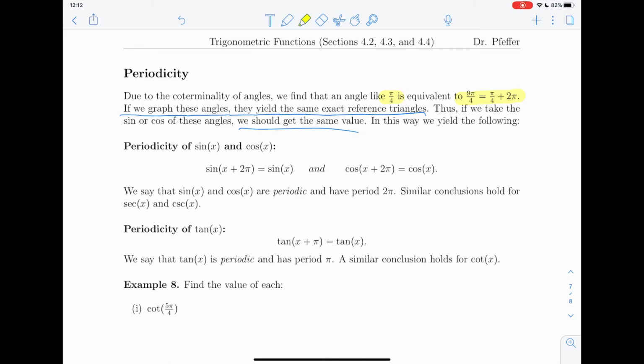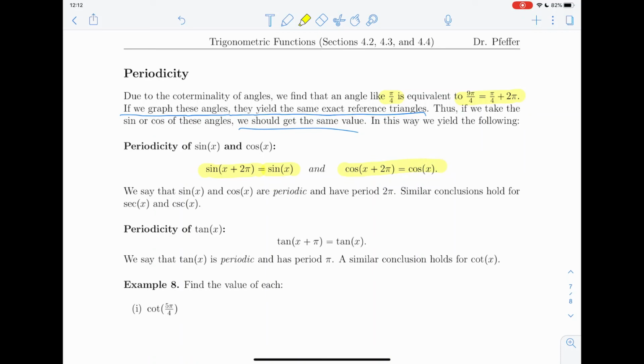Algebraically, we'll represent that by saying that sine of any input x is the same as the sine of that input if you shift by 2 pi. Similarly, for cosine, if you shift by 2 pi, you get the same value as if you didn't shift.